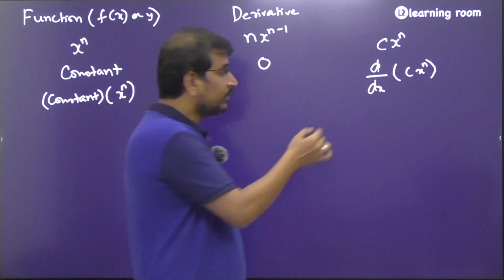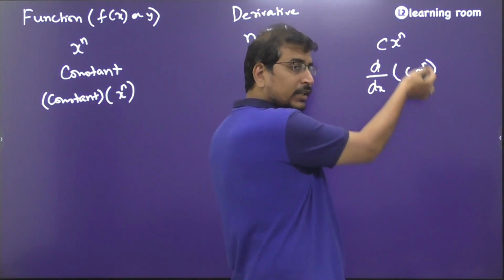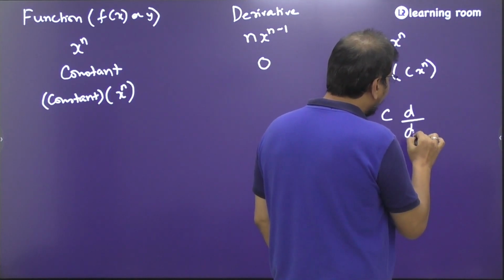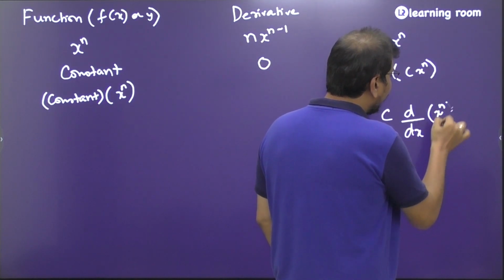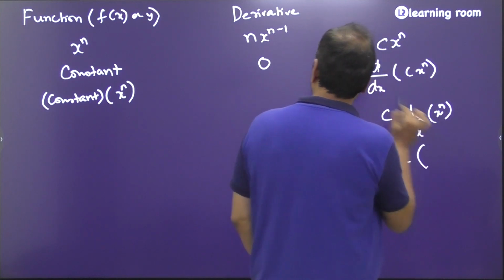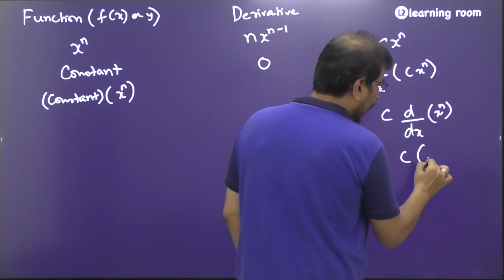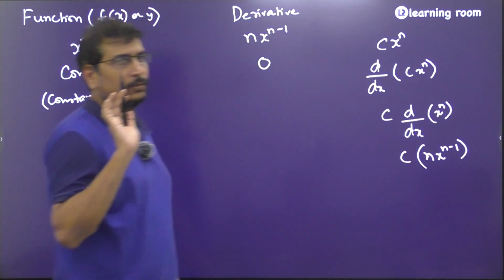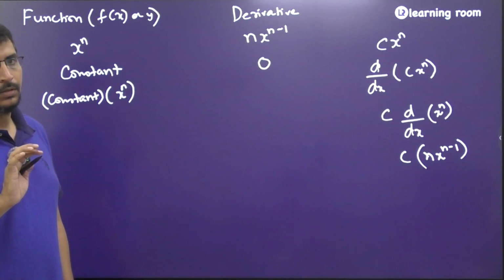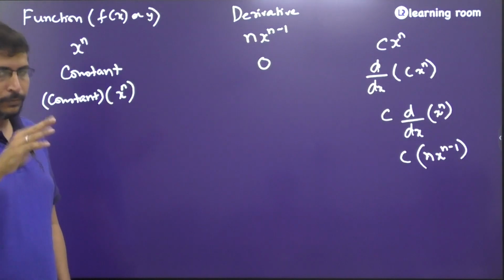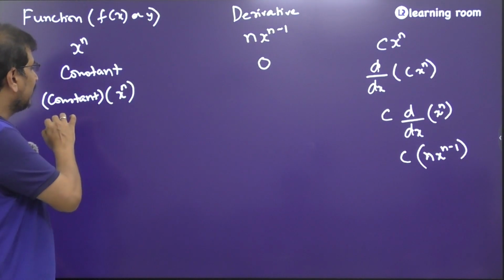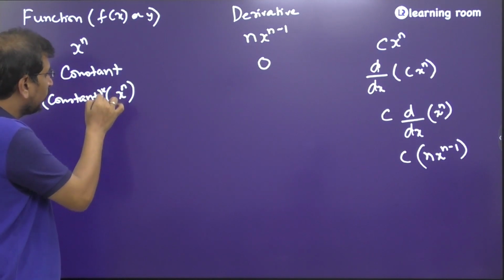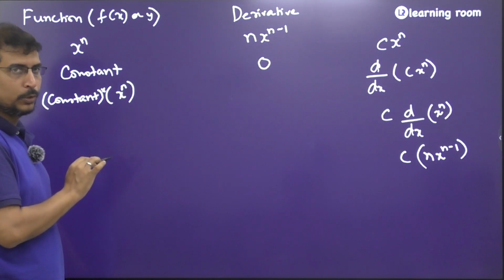What you actually do is, whenever it's a multiplication factor, you take the constant outside, and you write it as d by dx of x power n. So the answer will be c into, use this expression, n into x power n minus 1. It's a multiplication factor, a coefficient.